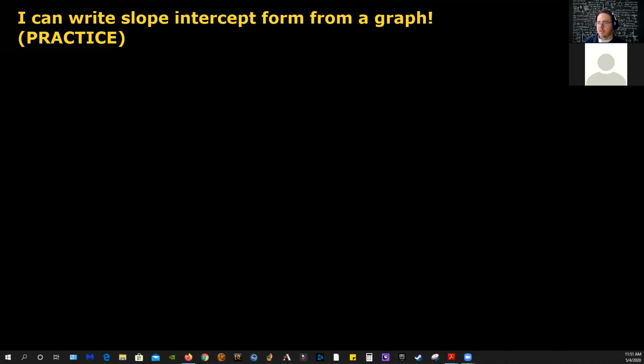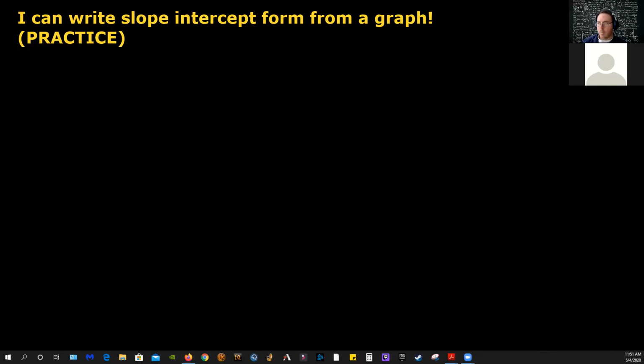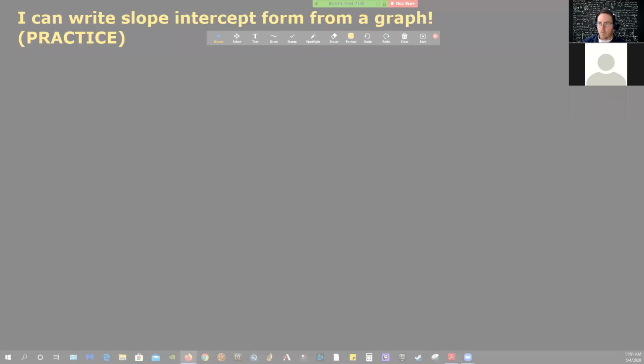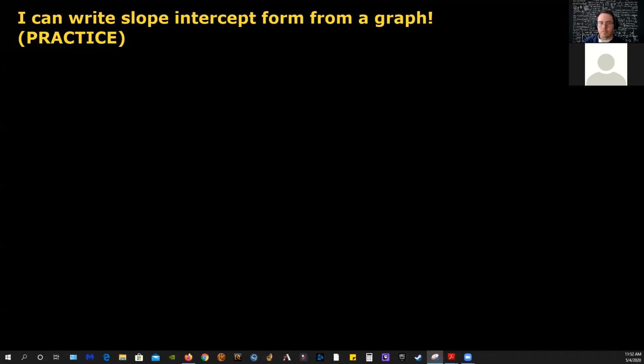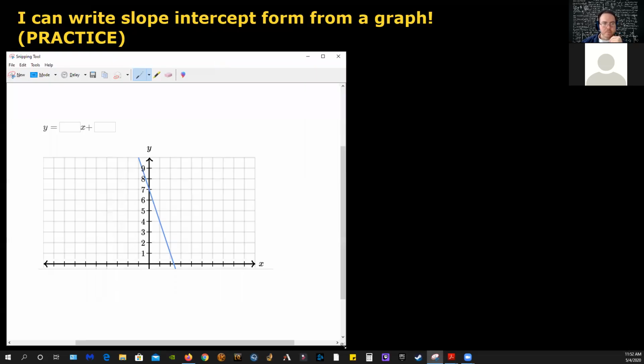So don't panic because you don't see the entire graph. And I had to move my chat window. Okay, like I said, don't panic just because you can't see the entire graph.